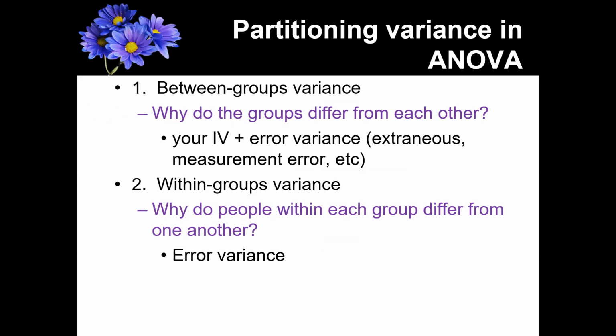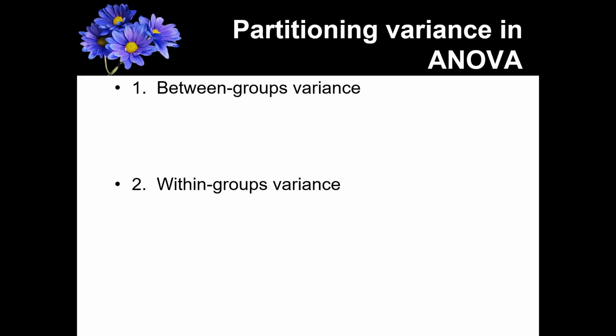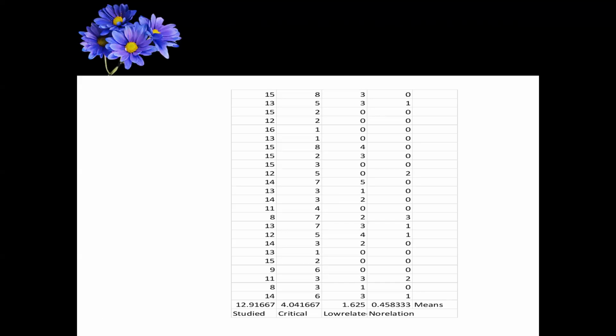Now, on the other hand, within groups, would these be different due to a manipulation? So would this person who got 15, why would they be different from the person who got 8? Would it be due to any manipulation? Well, no, right? Because they're in the same condition. They're getting the same treatment, whatever that is. Okay.